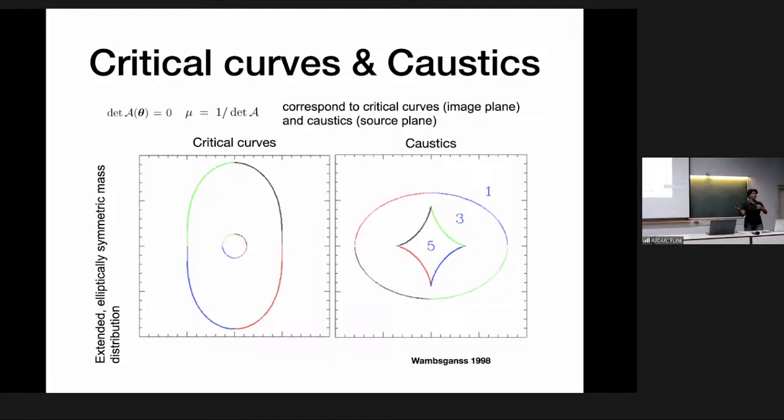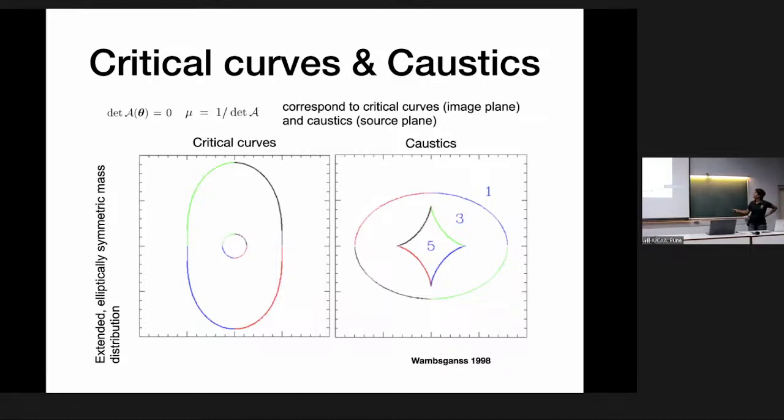Now you can imagine the source being placed, and for reference, the lens is shown at the center. You can imagine that the source is varying with respect to the line of sight and the center of the lens, so there are different impact parameters.